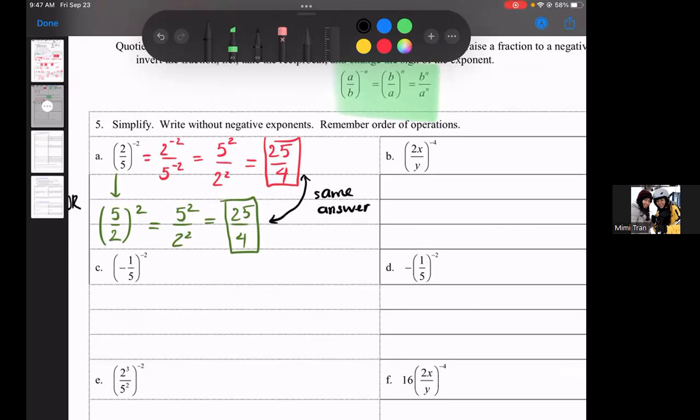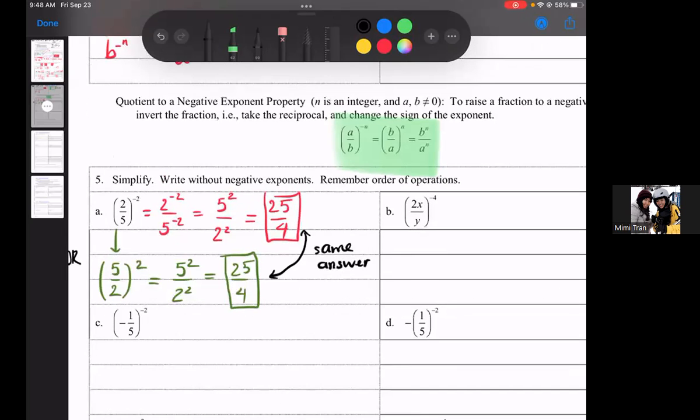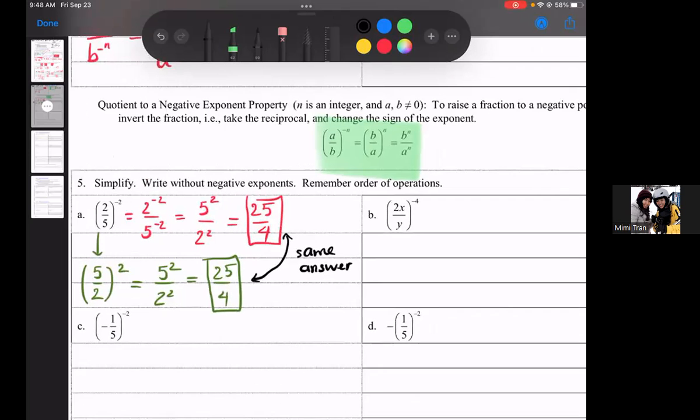Red or green? Should I do red or green? Because I don't feel like doing both for every single problem. Let's do red first. Then maybe we change to green later.